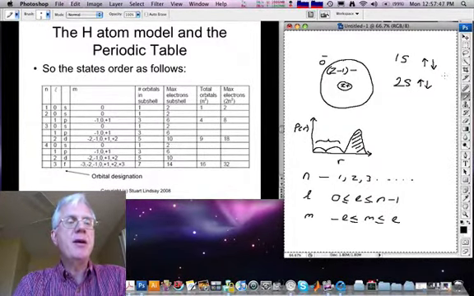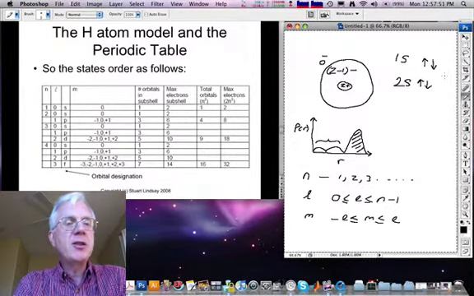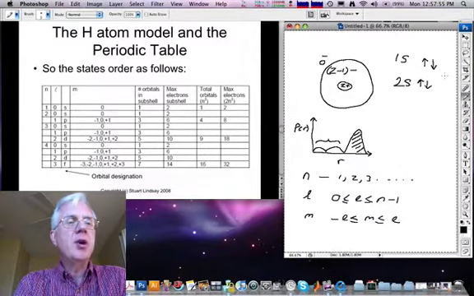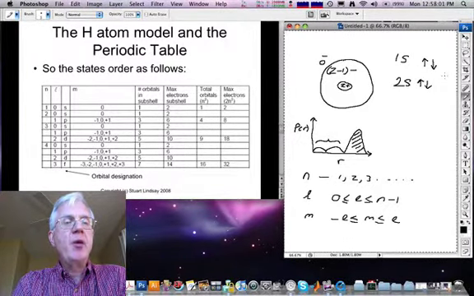We have m equal to -1, 0 or +1 for L equal 1. So these are the three m quantum number states corresponding to the total angular momentum squared eigenvalue of 1. So now we have three m orbitals, and we can put up to 6 electrons in these, spin up and spin down paired.